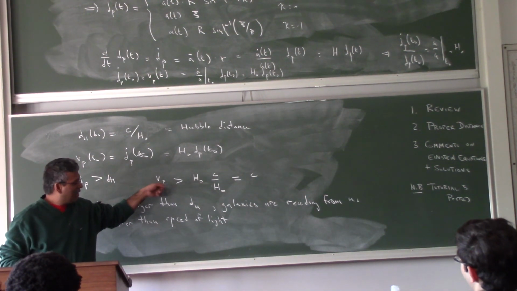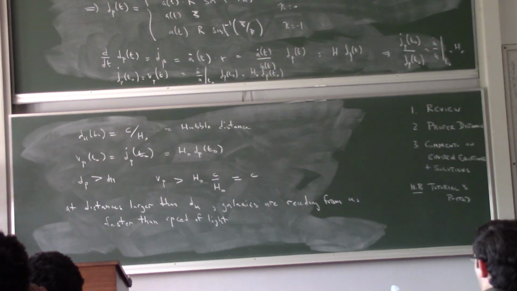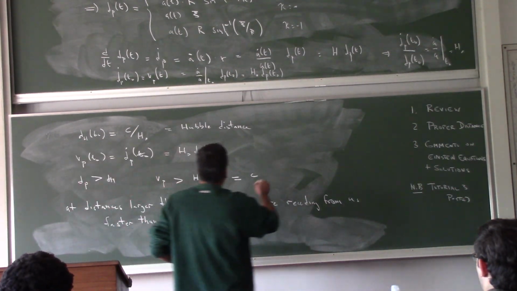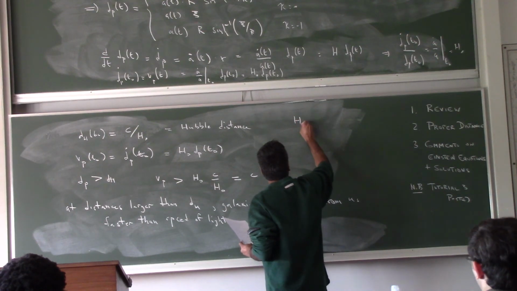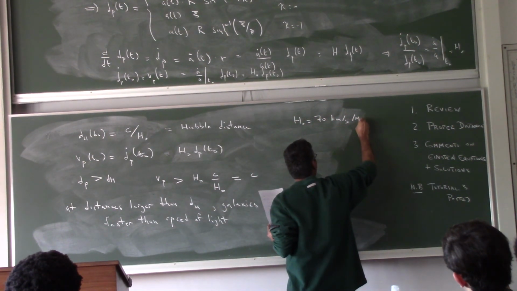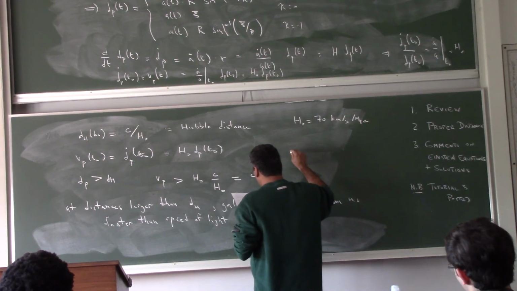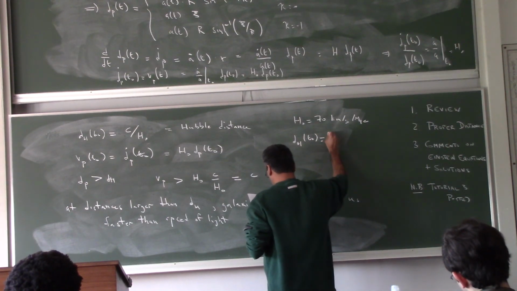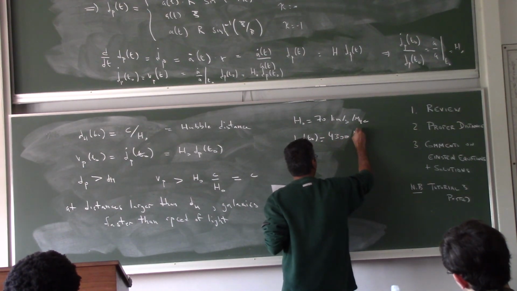Is that a problem? I claim the answer is no. Why is the answer no? So, let's just briefly remember H0 is 70 kilometers per second per megaparsec, which means that dH of t0 is 4,300 megaparsecs.